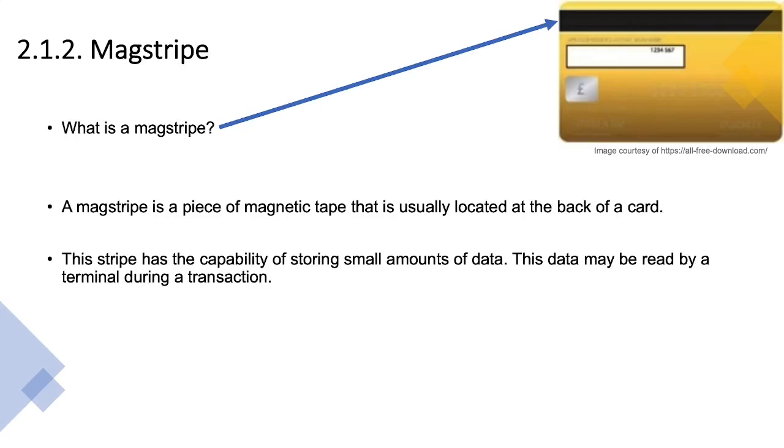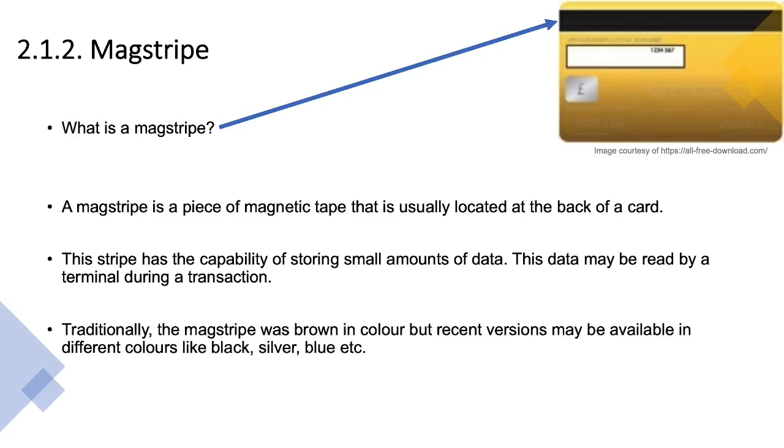It's delivered the data to the terminal, and the terminal now drives the transaction forward. Historically, these magstripes used to be dark brown in color, but you see various shades of brown, and you see them in black, silver, blue, etc. The color isn't important. What's important is that the magstripe is used to store data that is read by the terminal during a transaction.